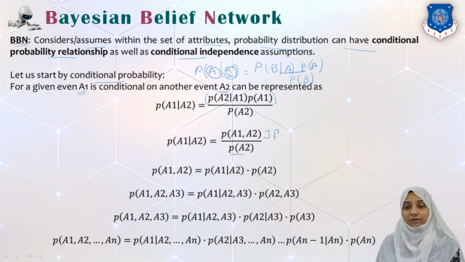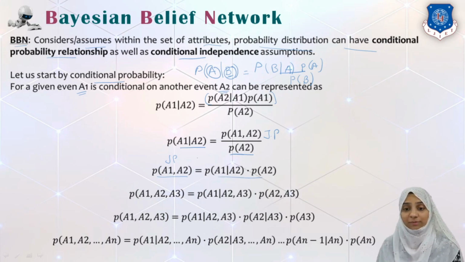Now, let me take the denominator to the other side. My joint probability formula becomes the probability of A1 given A2 into the probability of A2. So, the joint probability is this product.